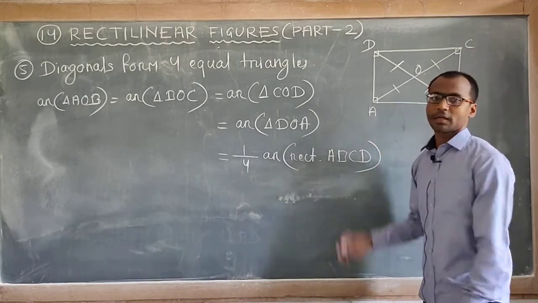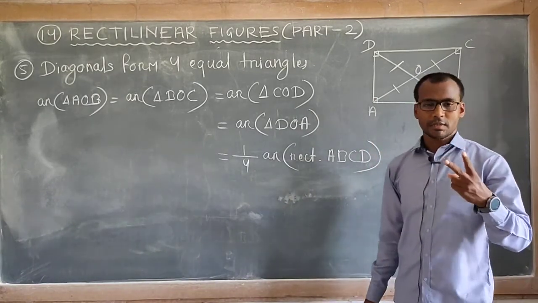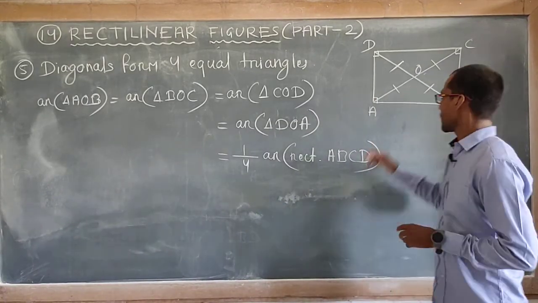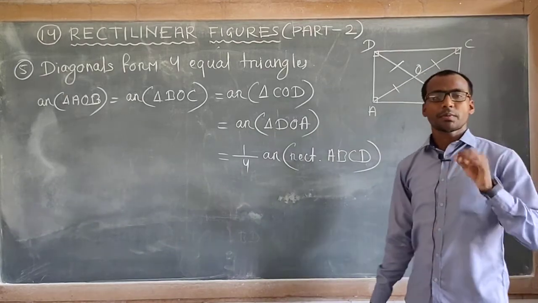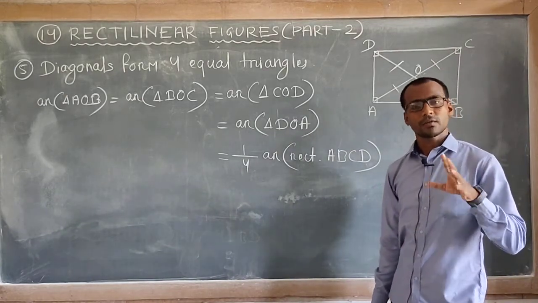That means if the area of the rectangle is 200 square feet, then area of each of these small triangles will be 50 square feet. 200 by 4, that is 50.